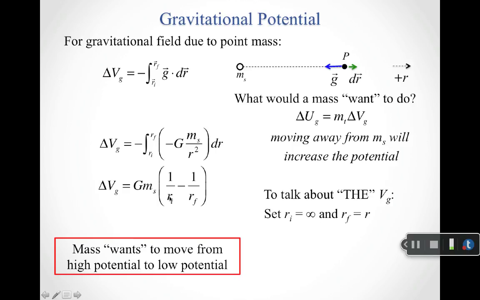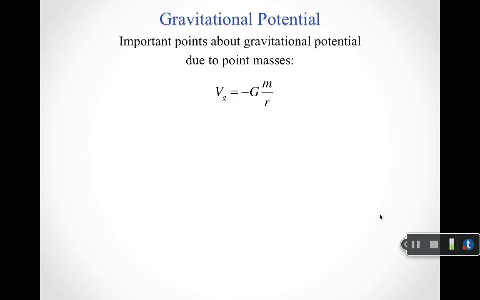If we set our initial equal to infinity, and let r become our final distance from the source mass, we're left with an expression for the gravitational potential: minus G M over r. This is how we calculate the gravitational potential due to a point-like source mass at some point P. So what is this equation telling us?